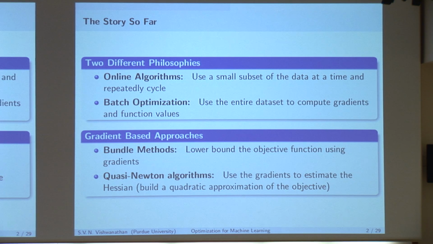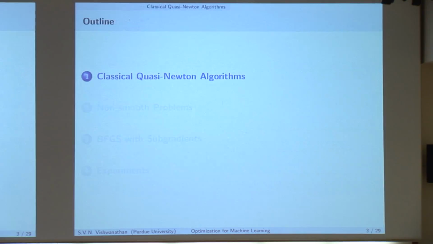Can you write the equation right away? Good. Okay, Quasi-Newton algorithms: let's do it the same way as we did for bundle methods. We will look at classical Quasi-Newton algorithms, then I will show you where they run into trouble when you work with non-smooth problems, then how you can fix them, particularly for the cases we are interested in, and then I will show you some experiments.